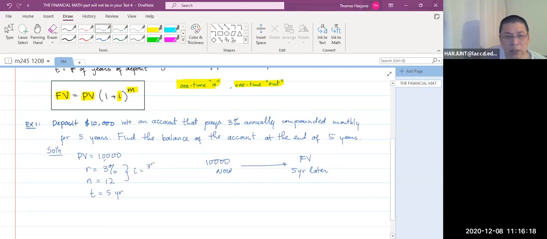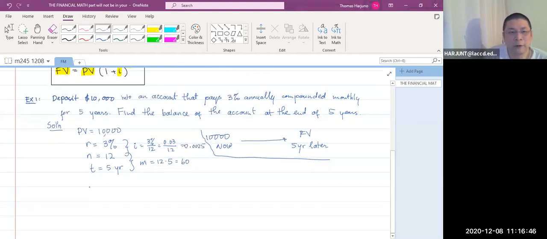That's 3% divided by 12. Change it to decimal first. And then you will get 0.0025. That's the periodical interest. And then the number of total periods will be 12 times 5, that's 60 periods.